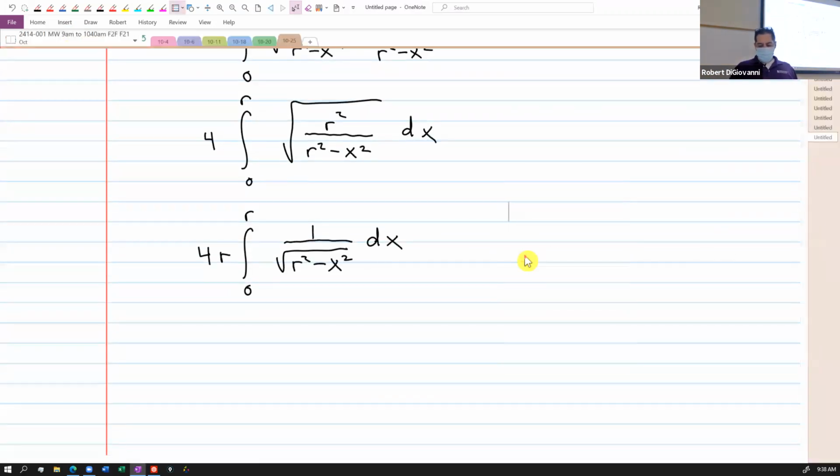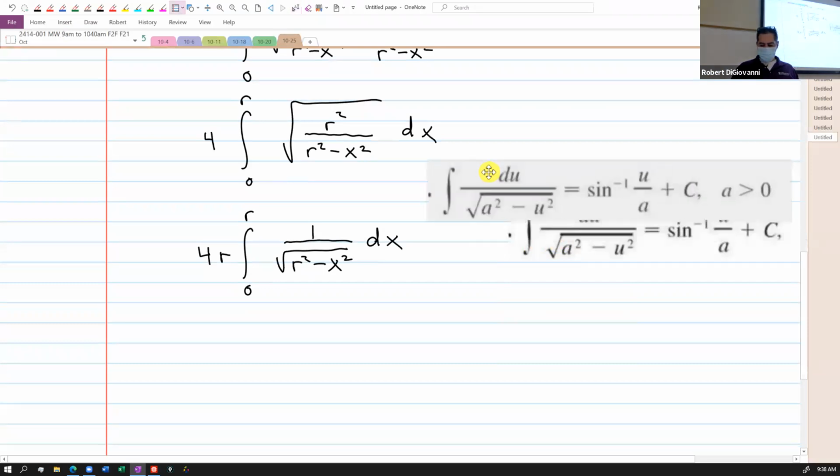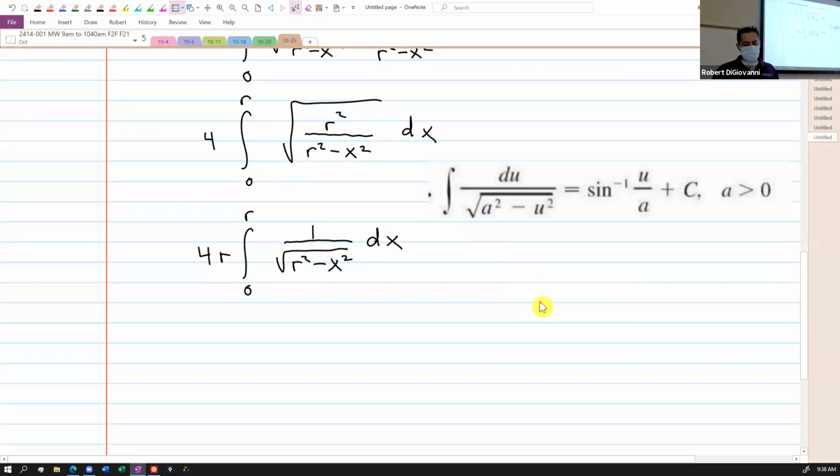So using that formula, A for us is what? A is r, right? So we're ready. We're ready for the antiderivative here. It's 4r, that's on the front, times, it's just arc sine of u over a.